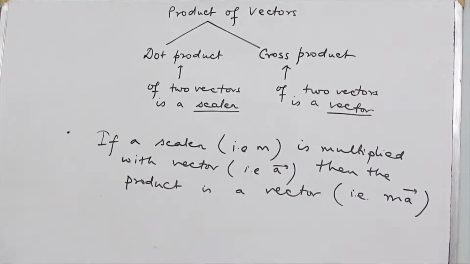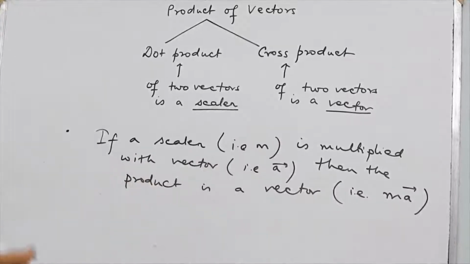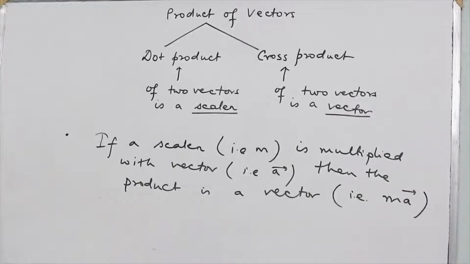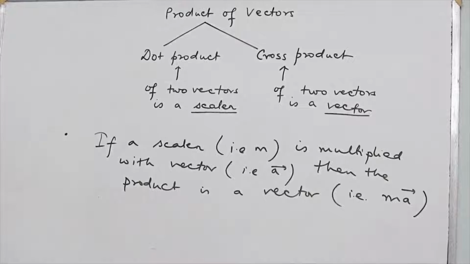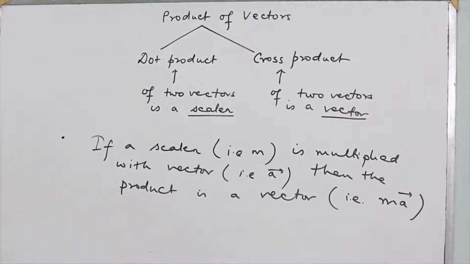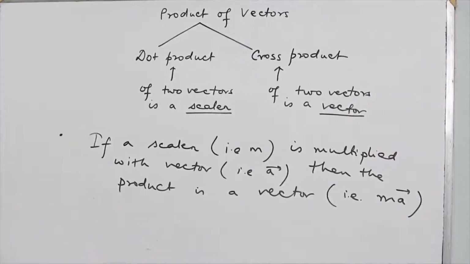But if it is multiplied with a negative scalar, suppose m is negative, then also its magnitude is multiplied m times, but its direction becomes opposite. So if a scalar is positive, then the direction of the vector remains unaltered, but if the scalar is negative, then the direction of the vector becomes opposite to the original value.